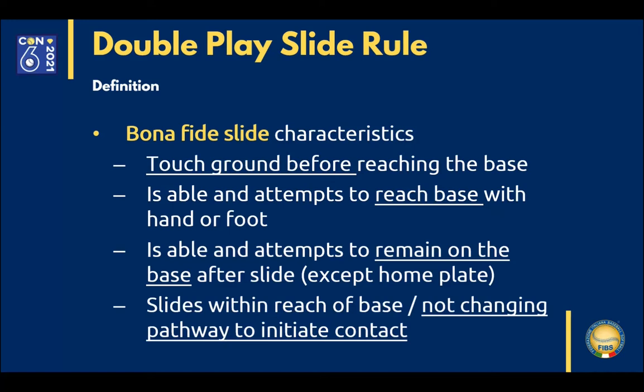The runner may not change pathway to initiate contact. So here you find the concept that also applies for collisions at home plate: not changing the pathway to initiate contact. This is the key here. So all those four things must be given, and then you can have a bona fide slide. And this is what the runner is required to do.